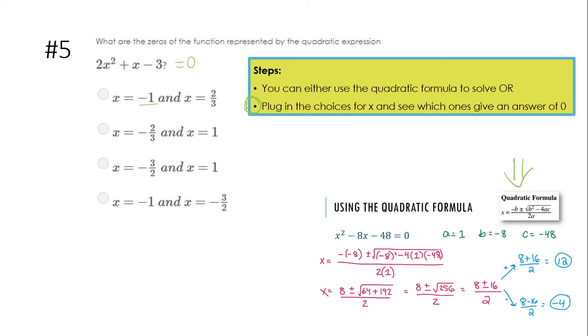I'm not going to go through it with you because that's what you're being tested on, but you could identify your a, your b, and your c from your quadratic function here. So you'd plug those pieces into your formula right here to find your two answers.